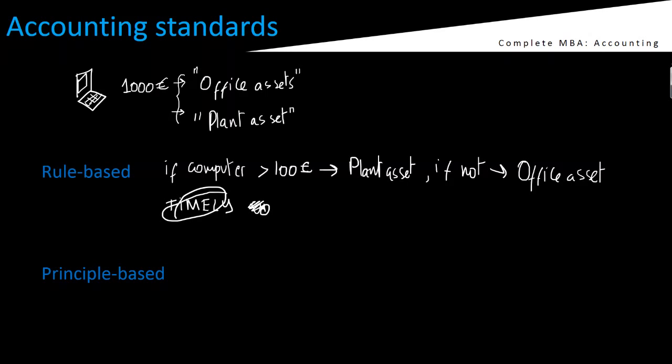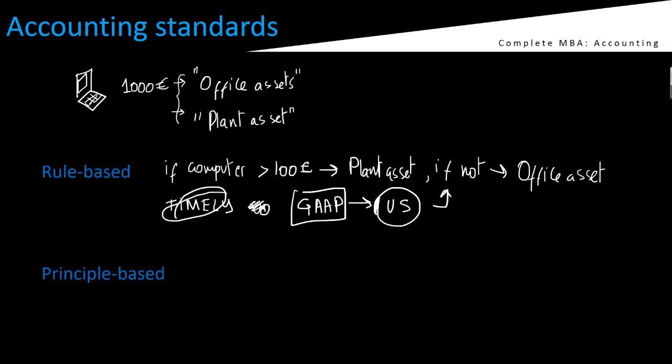The most important rule-based standard is what we call the GAAP, which is an acronym for Generally Accepted Accounting Principles, and is used in the US. In the US, the accounting standards required by the government are therefore rule-based.